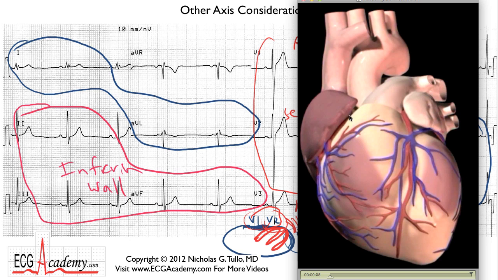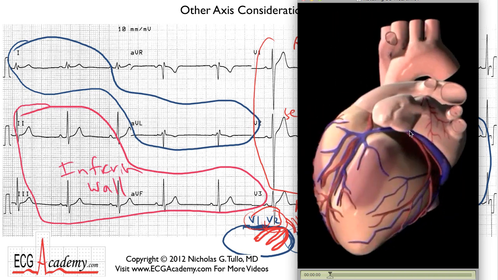On the other hand, the right coronary artery, which runs in the right AV groove and then gives rise to branches that supply the right ventricle, wraps around the heart and feeds the posterior wall and the inferior wall. So inferior left ventricular problems and right ventricular problems are usually due to right coronary artery blockages.